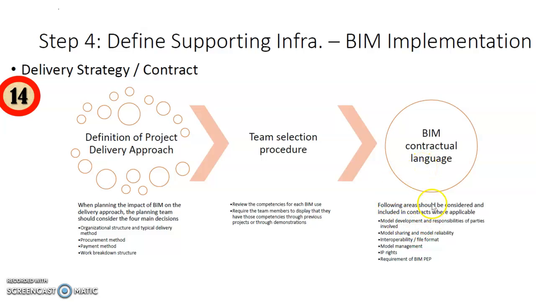The following areas are to be considered and included in the contract where possible: the model development and responsibilities of the parties involved, model sharing and model reliability, interoperability and the file format, the model management, intellectual property rights, or the requirements of the BIM project execution plan.